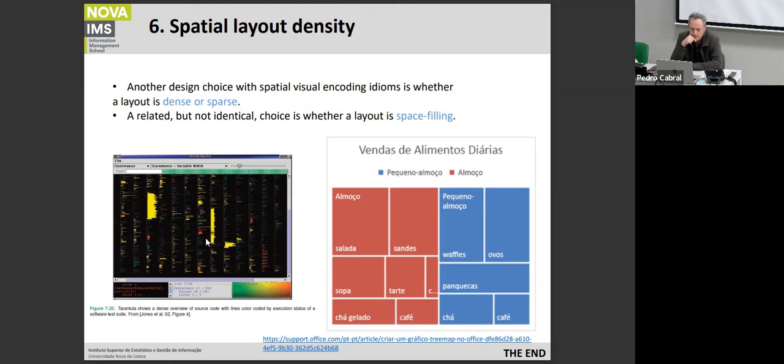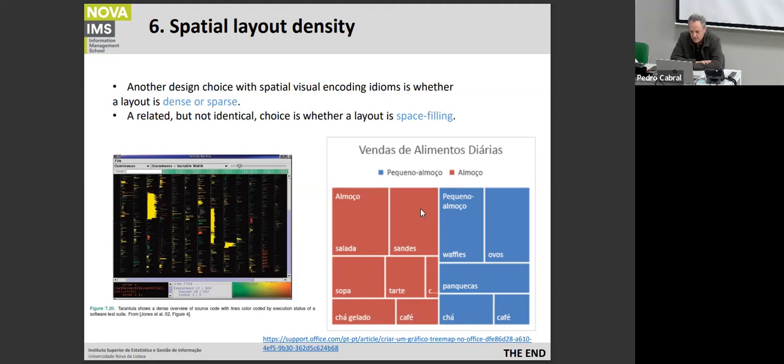This is a more specialized type of audience, I would say even scientific audience, when we see this kind of representations. But we can also use some space filling option, like the tree map on the right, in which we use the whole available space to compare the values of the variables according to some qualitative attributes.